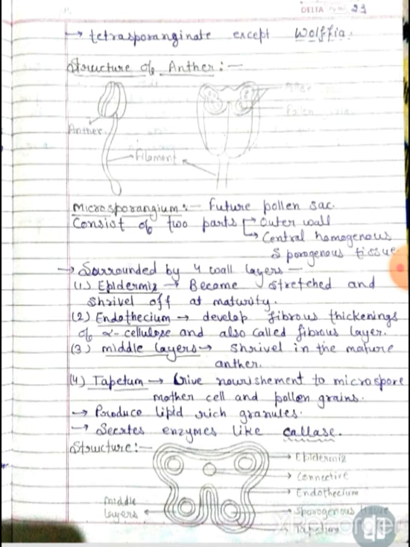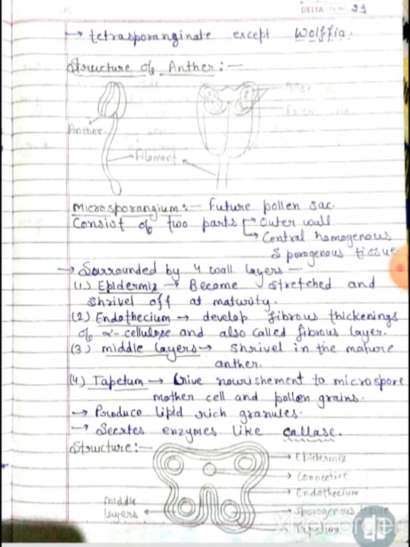Next I'm going to talk about the endothecium. It develops fibrous thickening of alpha cellulose, as I told you, and is also called the fibrous layer. The middle layers also shrivel in the mature anther.